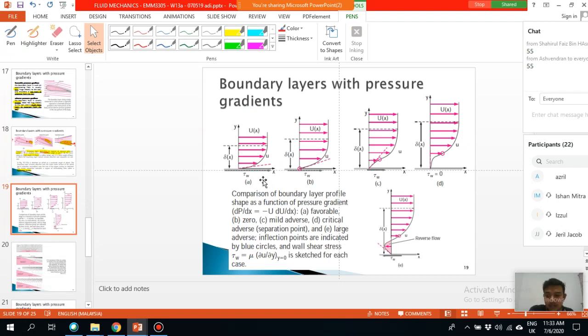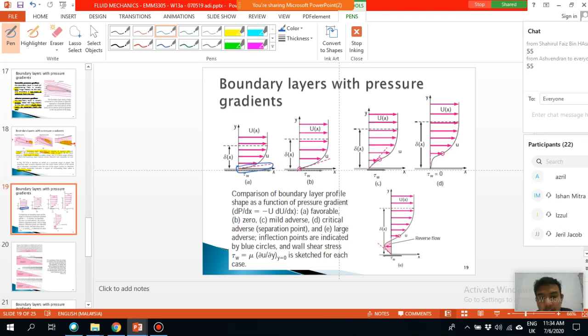This is the comparison of boundary layer profile shape as a function of pressure gradient. When pressure is favorable, the profile is something like this. Focus on here. So this is a normal condition.